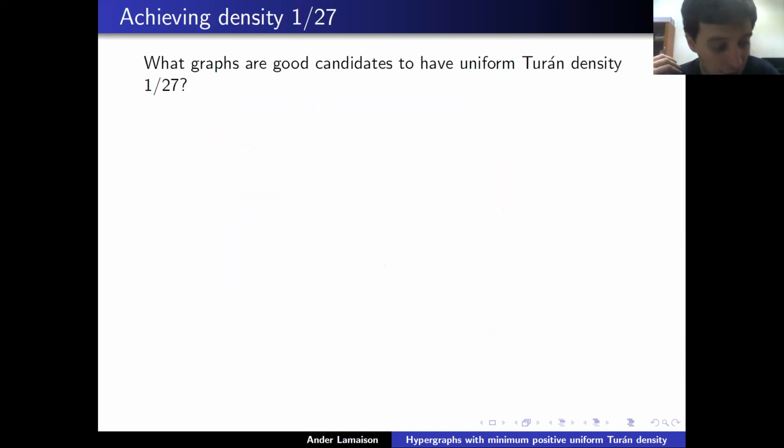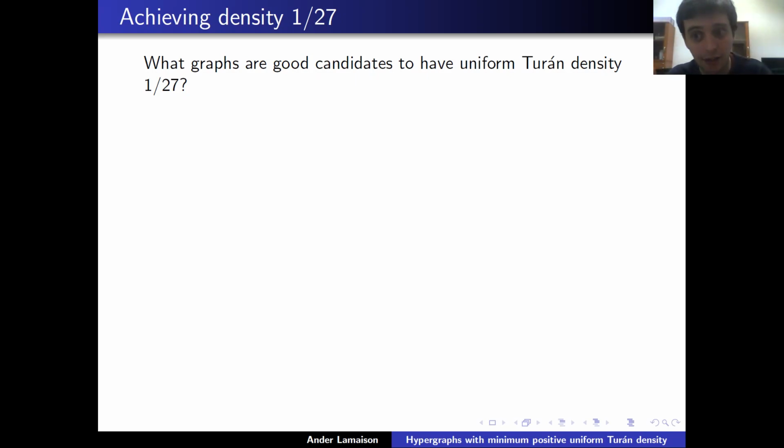So then, with this in mind, how is this useful to us? How do we look for these hypergraphs which have uniform Turán density equal to 1/27? Well, let's restrict our scope. Instead of looking at the family of all quasi-random hypergraphs, let's only look at those which are generated by coloring schemes.